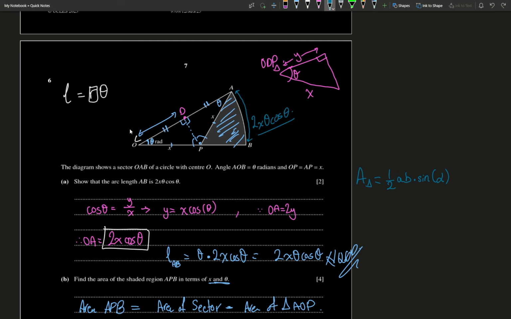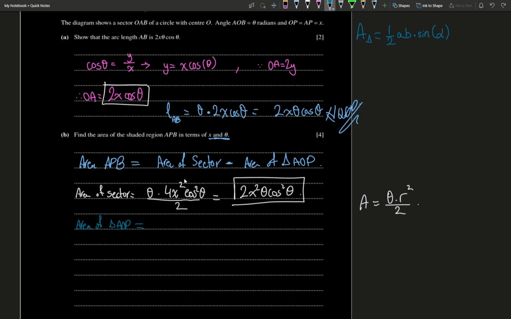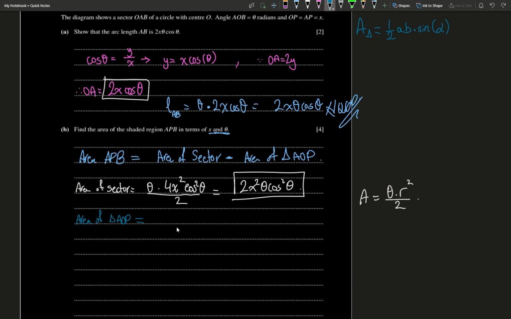Let's say we take this side and this side. If we use these two sides, we multiply by the sine of the angle between them, which is theta.